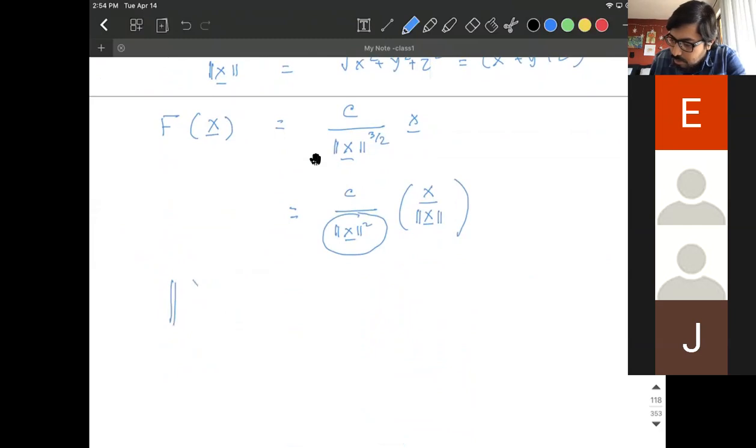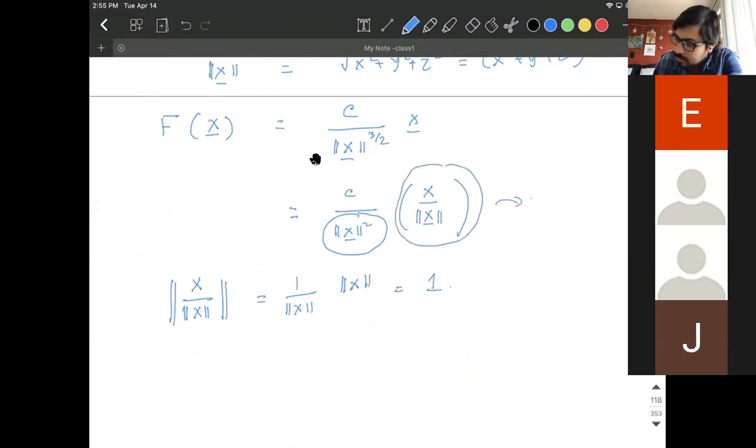If you take the vector X over the norm of X, the norm of X is a scalar, so you can bring this out. So this is 1 over norm of X times norm of X. So this is 1. So this vector here is the unit vector in the direction of the vector X.